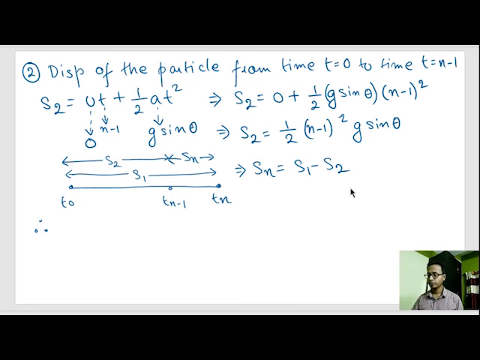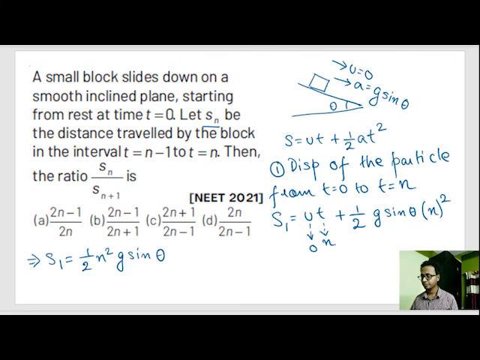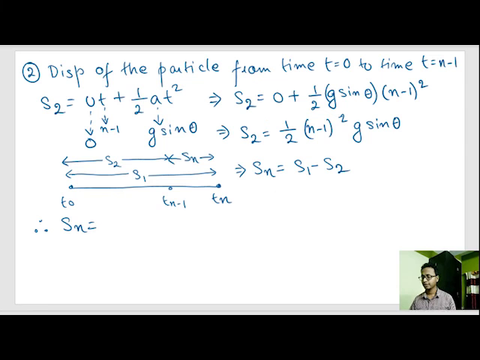So let's substitute the values of S1 and S2. S1 we obtained was half n squared g sin theta. And the value of S2 is nothing but half n minus 1 square into g sin theta.